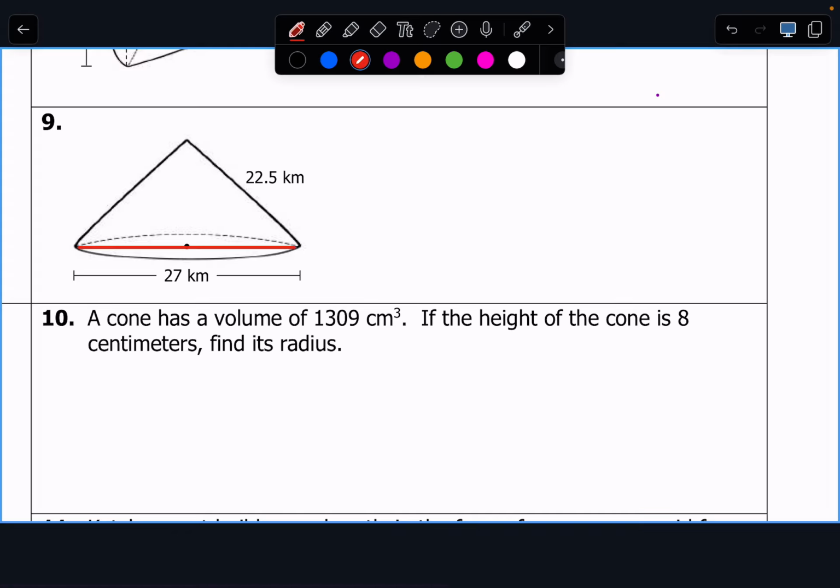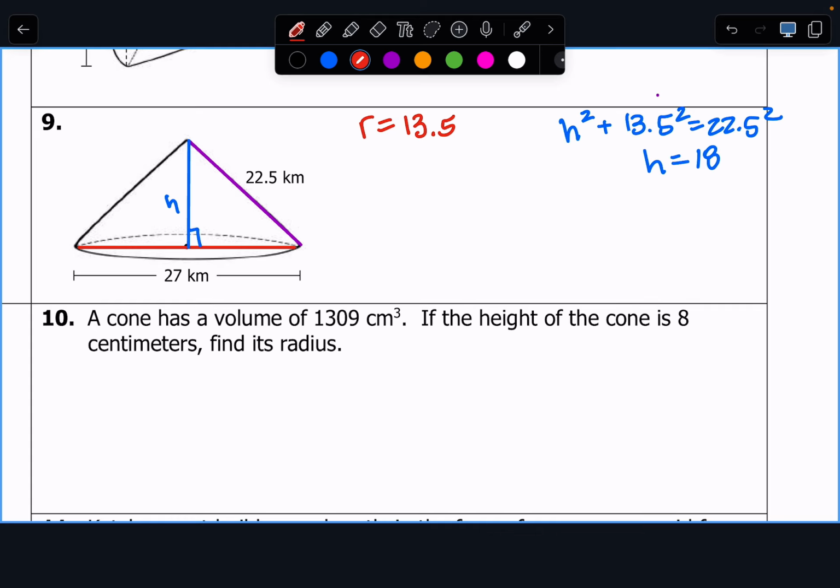So what's the radius? 13.5. What does 22.5 represent? The slant height. I don't care about the slant height. I want the actual height. So make sure you use the Pythagorean theorem to find the actual height. It's 18. Nice.